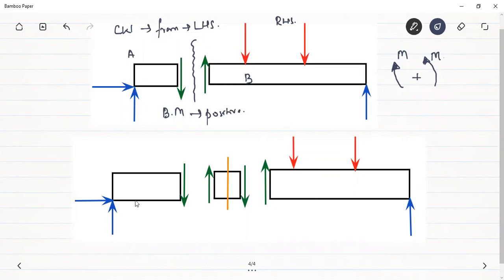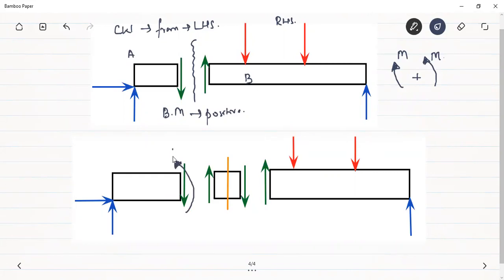See another thing here, this element method. I have considered a section here. Now this bending moment is in the clockwise direction. So what should be the resisting bending moment?